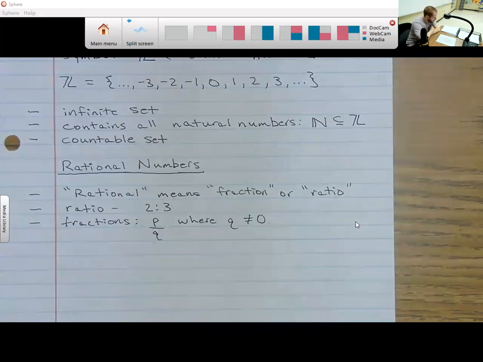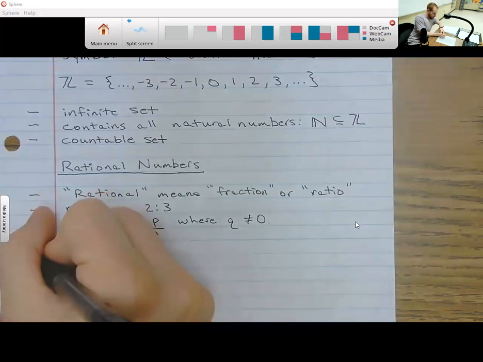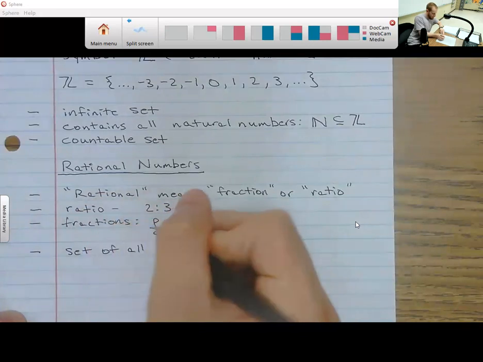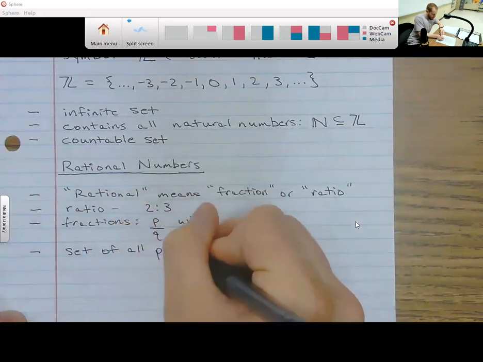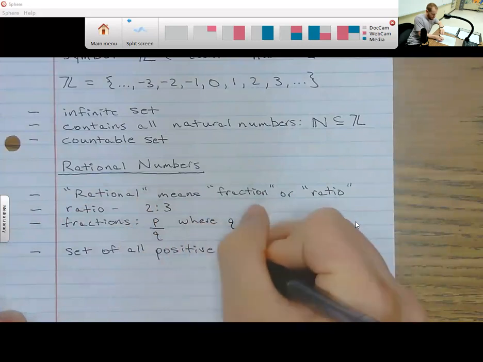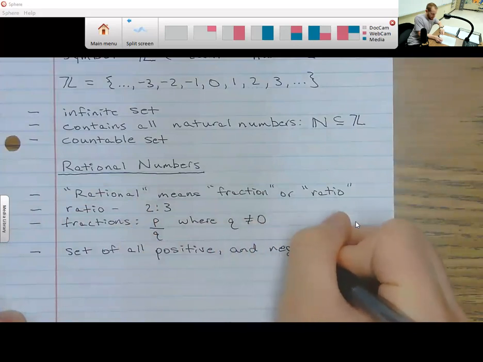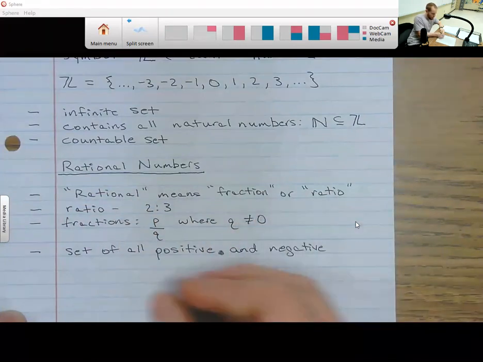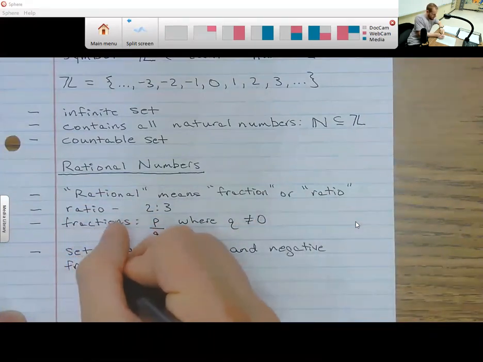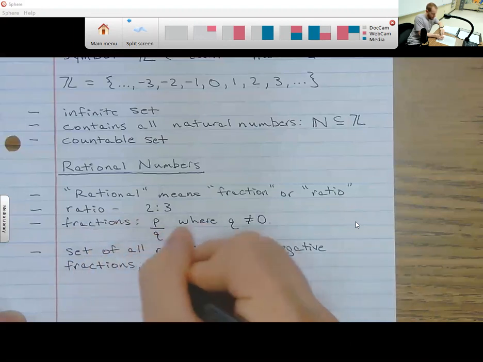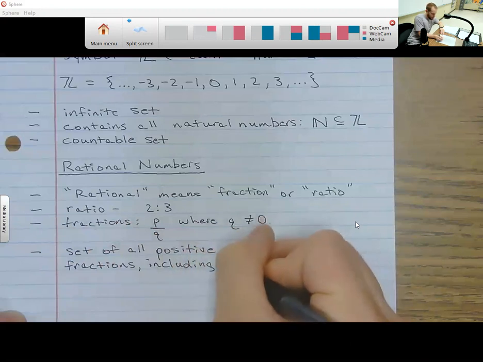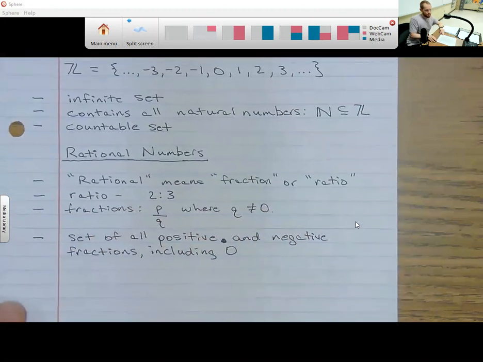So the rational numbers is the set of all positive and negative fractions, including 0. So 0 is also a rational number, and we'll see why in a second.